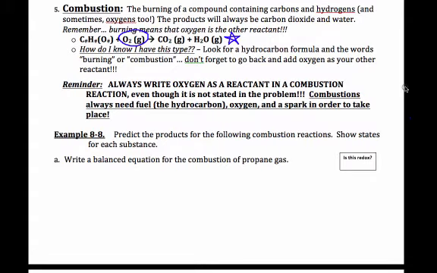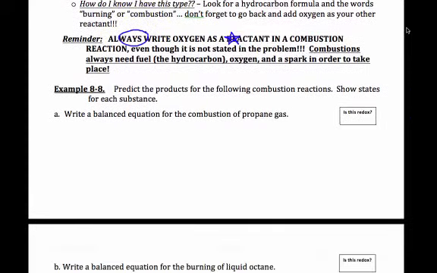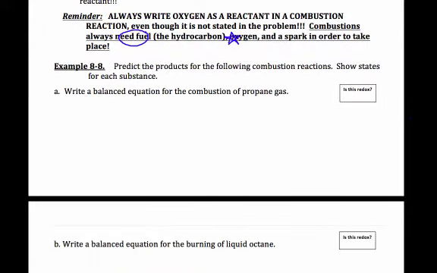The second tricky part, in addition to remembering to add your oxygen, is sometimes these get a little tricky in terms of balancing. So let's take a look at some of these so that we get an example of some of the balancing issues that we can run into. All right, so we have propane gas. This is a simple ane. Prop is 3, that's 3 carbons.